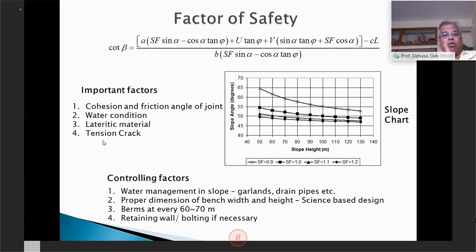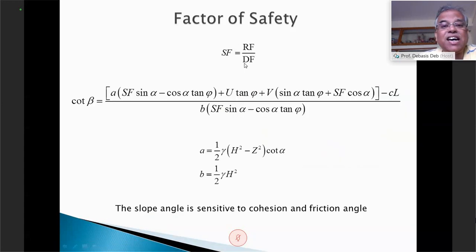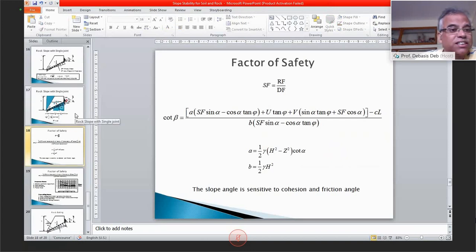Okay. Now, before I go to the meaning of cohesion and friction angle and how they have an effect, let me give you an idea of the effect of water. Here I have written resisting force by driving force.